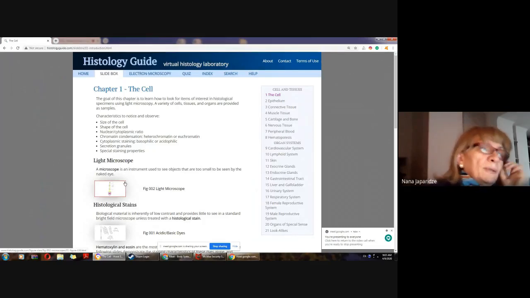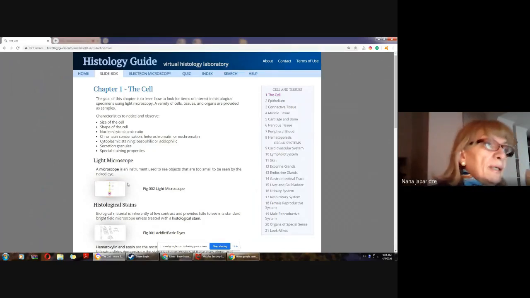It is very important when we are talking about different types of cells. Very important parameters are the size of cells, the shape of cells, or the nuclear cytoplasmic ratio of cells. Do you know what nuclear cytoplasmic ratio means?